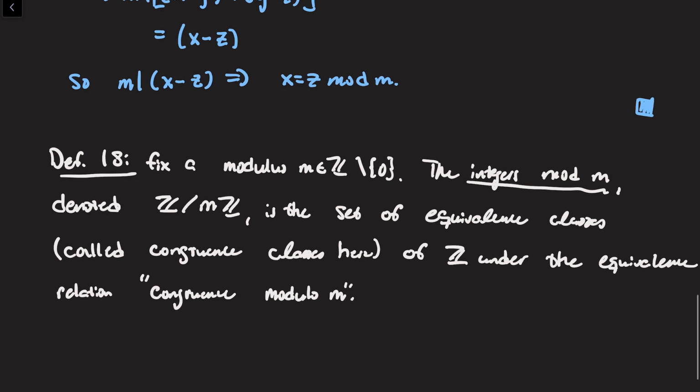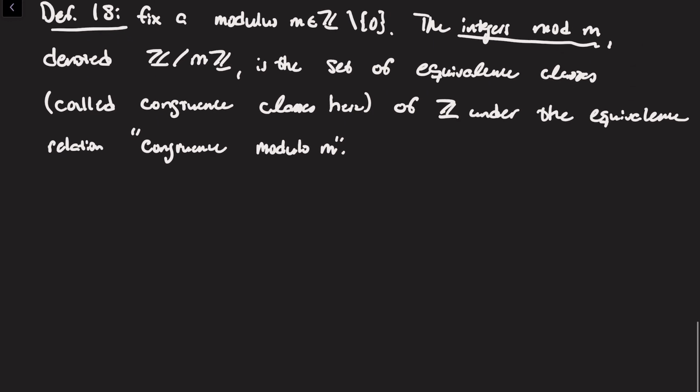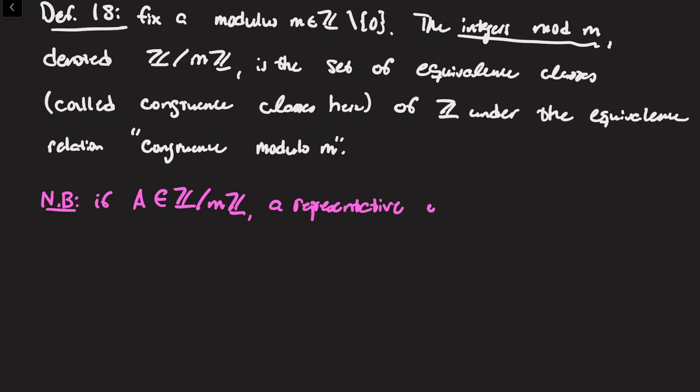And I think it's helpful to note that if A is one of these congruence classes, a representative of A is just an ordinary integer, some ordinary integer x whose equivalence class is A. So this should be clear.